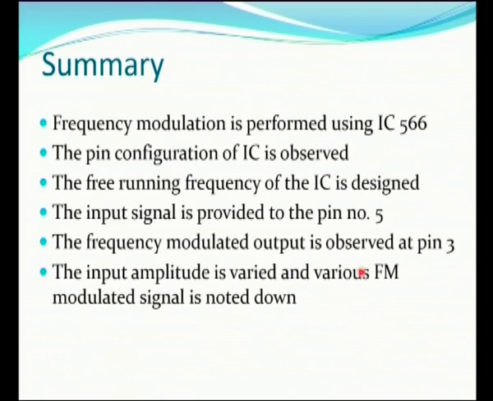Once you provide the input modulating signal, you will see the output at the output pin. From the output pin, you will note down the del f. From del f, you get the value of beta. From beta, you get the value of bandwidth. That is the summary of this FM modulation.